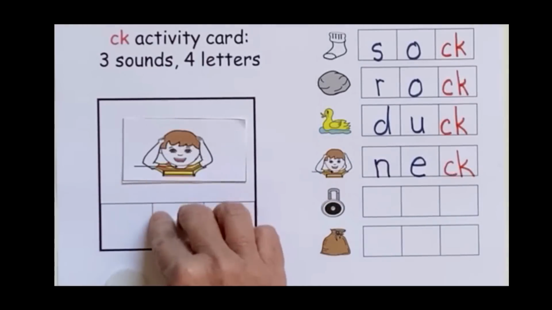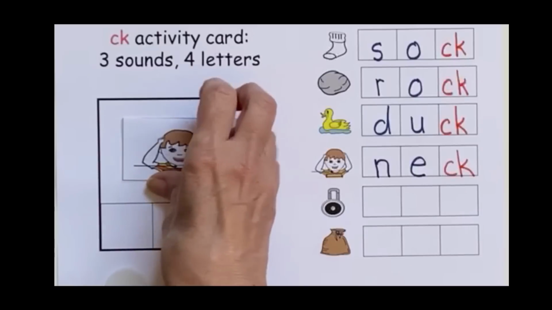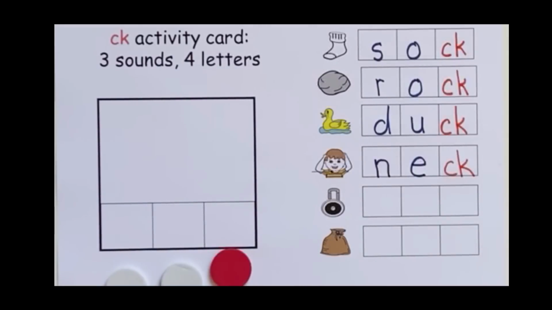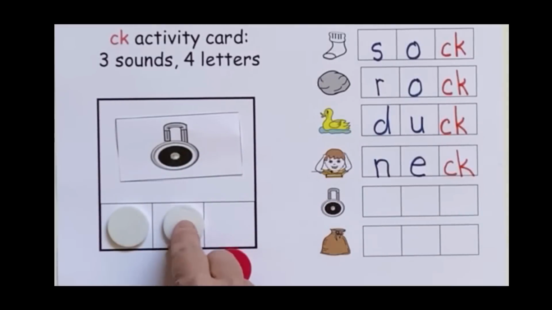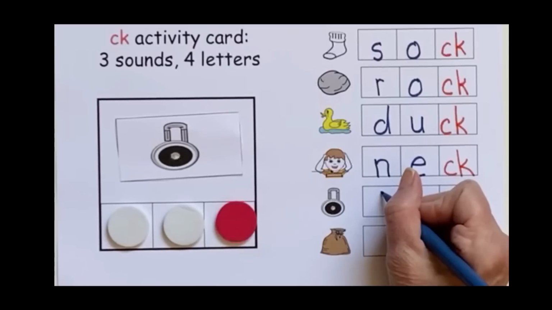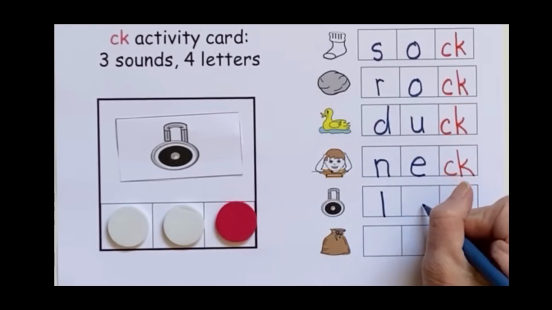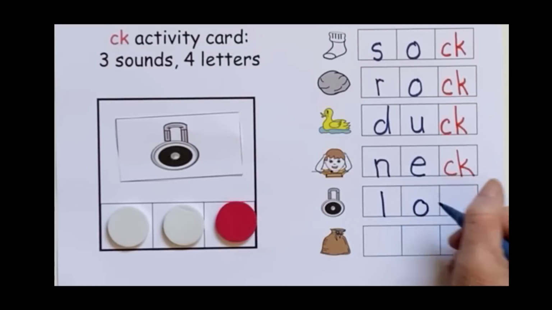Push down. Take away this picture. Put our next picture. Lock. L, A, k. L, A, short O, k, C, K, digraph.